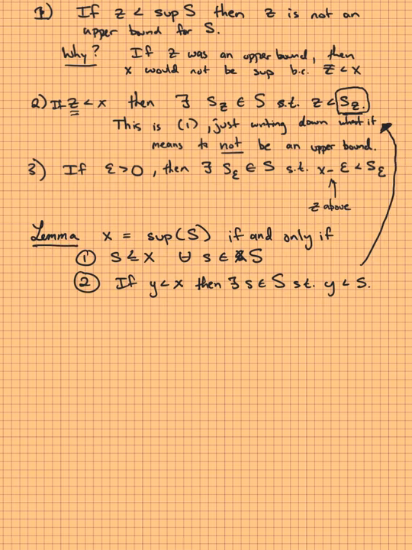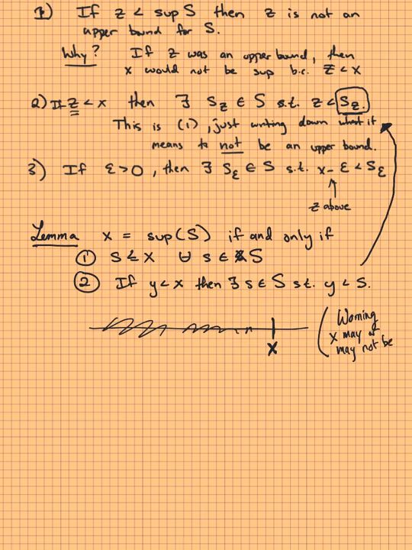So maybe I'll just draw a picture. You have S, which you don't really know anything about. You have this supremum. Maybe I should put this warning here because I'm not sure I made this obvious: x may or may not be in S. We don't know what S looks like at all.